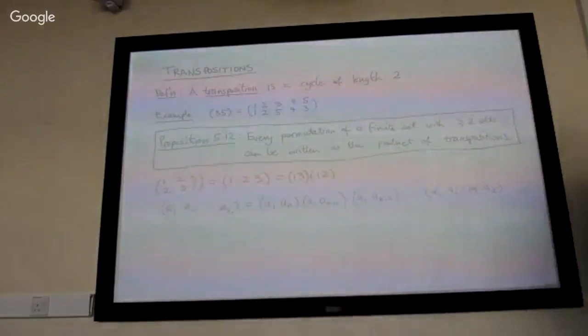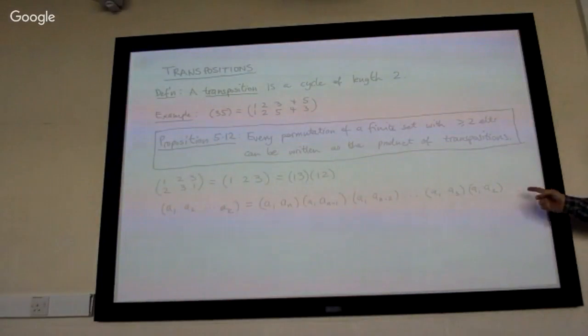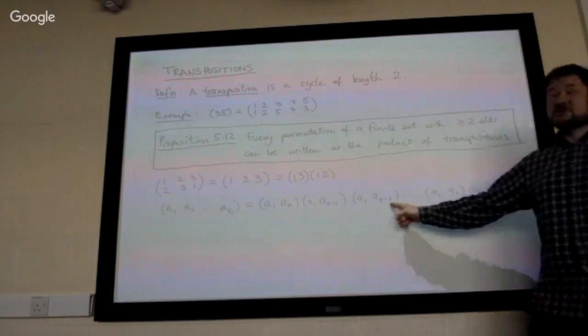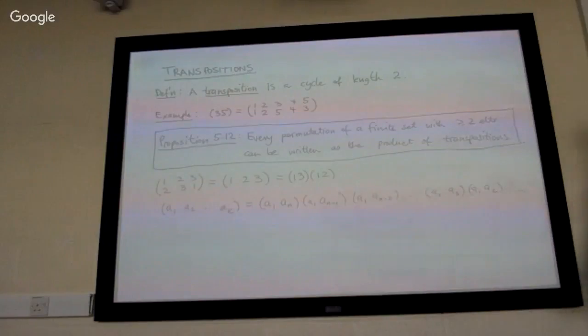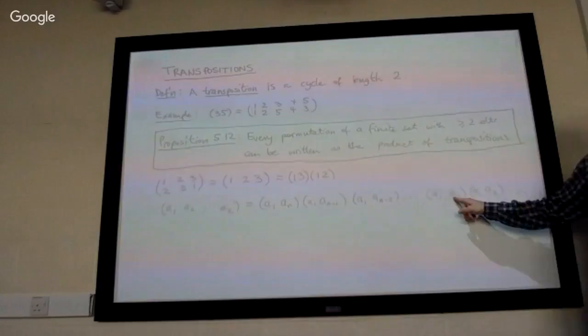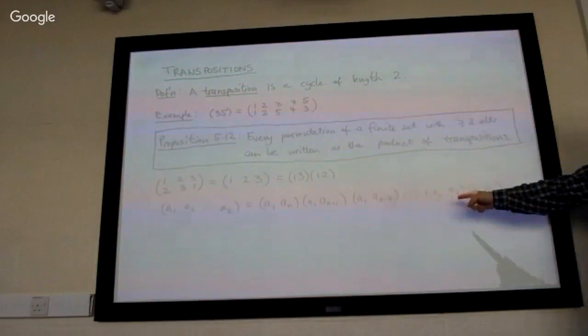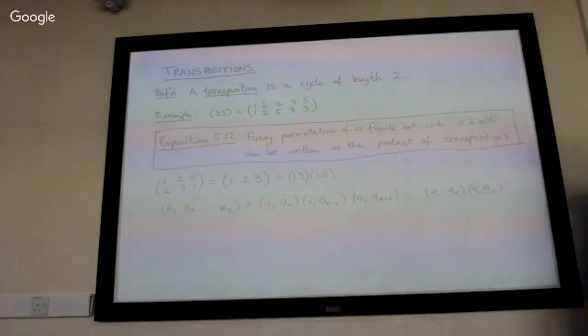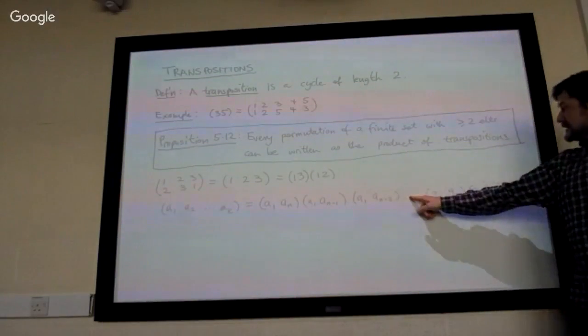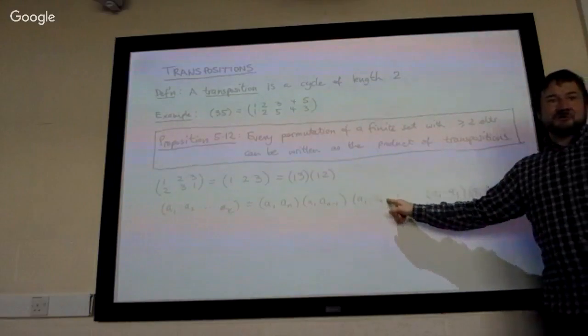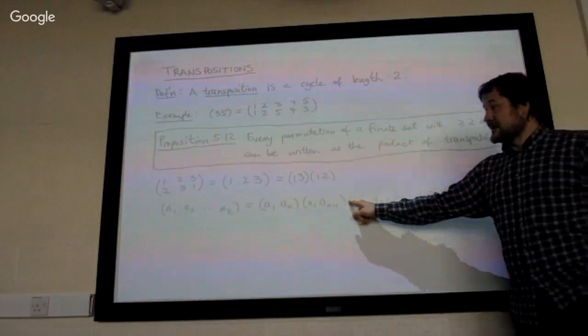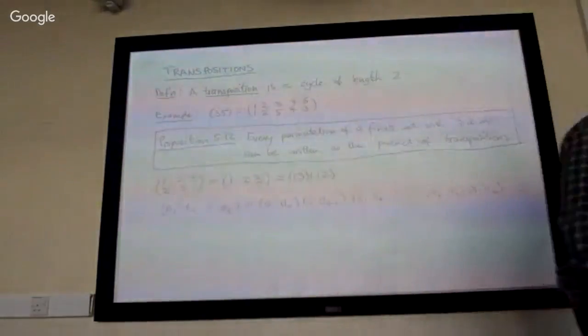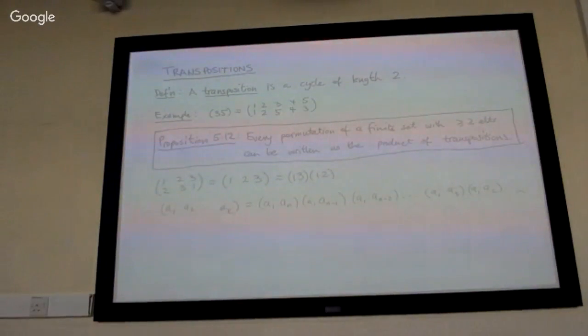So you want to know where a1 goes to. Okay, a1 goes to a2, and then a2 doesn't appear again. So a1 goes to a2 as it's supposed to in the cycle. Where does a2 go? a2 goes to a1, goes to a3, and then a3 doesn't appear again in here, so a2 goes to a3. Where does a7 go? Well, a7 goes to a1, goes to a8 in the previous one, and then a8 doesn't appear again, so a7 goes to a8. So this is why it works.